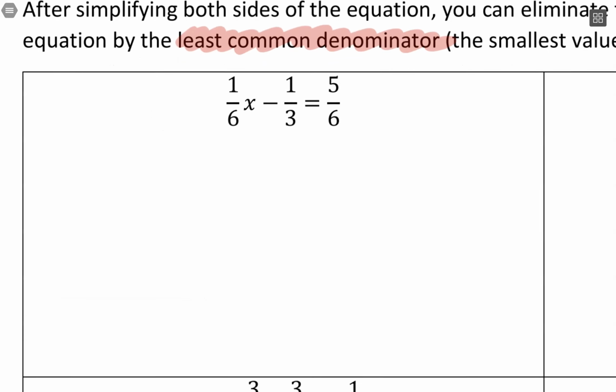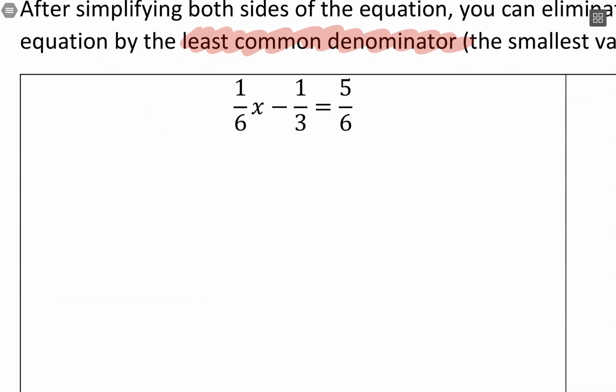So let's look at this first example, and I'll talk about applying what is written up above there. What we talked about before for finding the least common denominator, what can be helpful is taking the largest value. So here we have three denominators, 6, 3, and 6. I'd take the largest of those, which is just 6, and I would list values until it's divisible by all of the others.